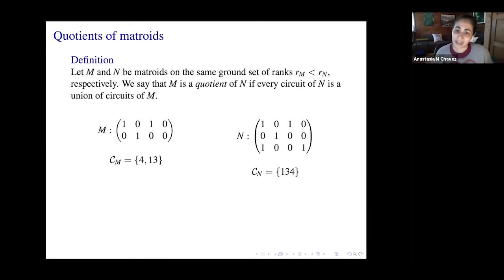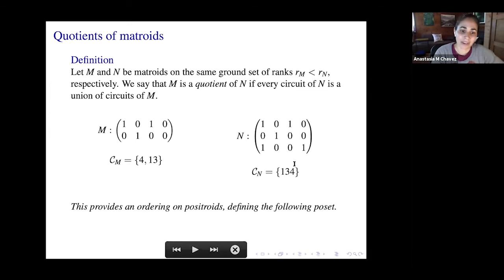And so how can we try to capture this idea of quotients in terms of these decorated permutations, these special permutations that represent the positroid? One interesting thing that we noticed is that the rank already gives a natural ordering to the positroids we're interested in.